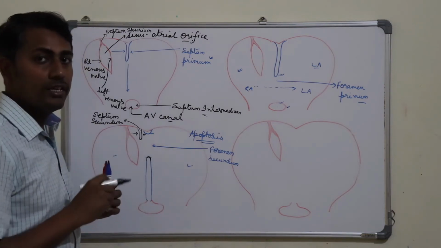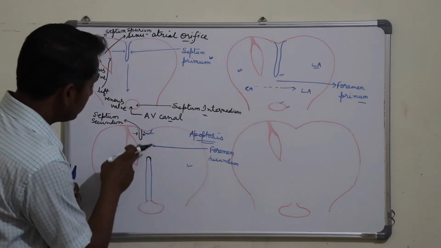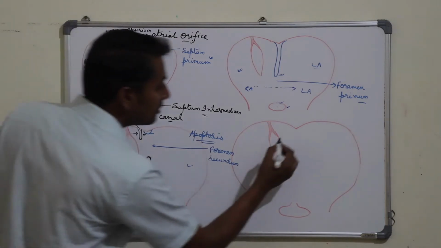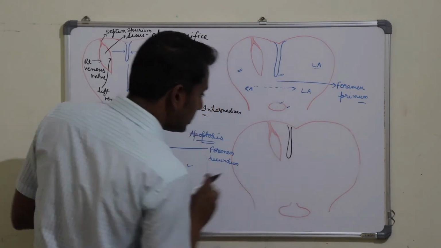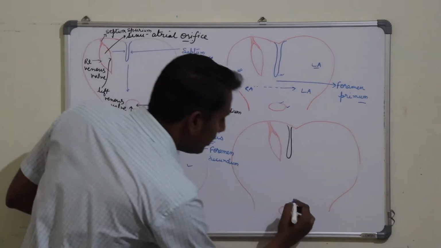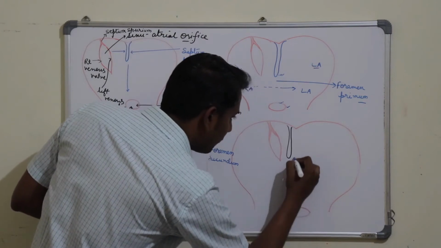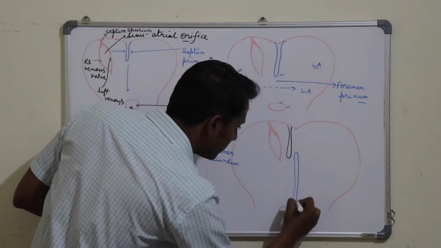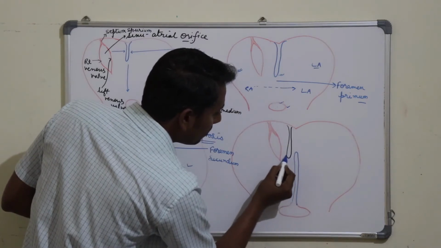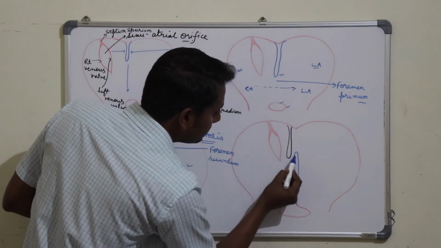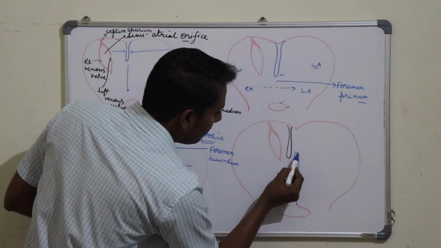With the downward growth of this septum secundum, this septum secundum will gradually overlap the upper free margin of the septum primum.